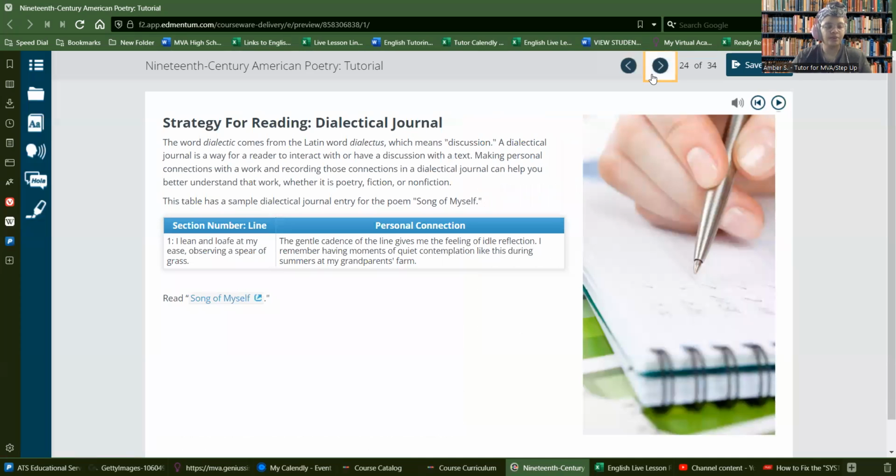All right. So before you get to reading Song of Myself, they give you a little bit of a pointer on how to take notes on those sort of things. A dialectical journal is pretty much a way for you to take notes on your thoughts for lines of poetry. So it's basically stopping while you're reading a poem to take notes on what the line makes you think of.